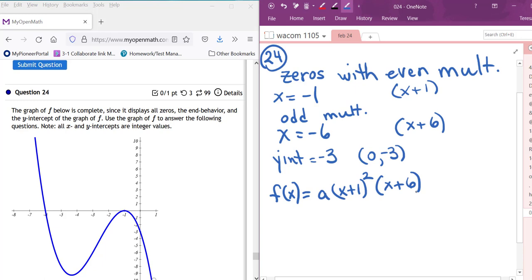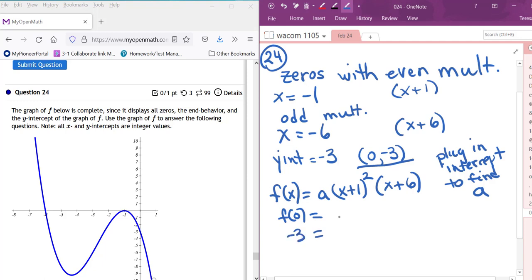Now we have to find the A, and you find the A by plugging in the y-intercept. So the x is 0, so f of 0, and remember f of x is y. So y here is negative 3.